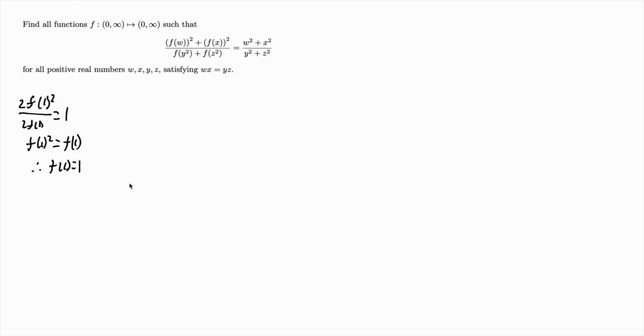That's what we know. And then because we know that this is true, I substituted 2, 1, 2, 1. So we have f of 2 squared plus 1 over f of 2 squared plus 1 equals 1, because I did the same thing. Therefore, notice that f of 2 squared is equal to f of 2 squared.